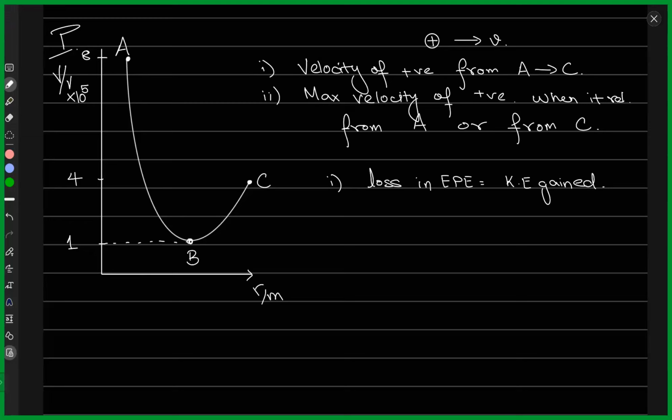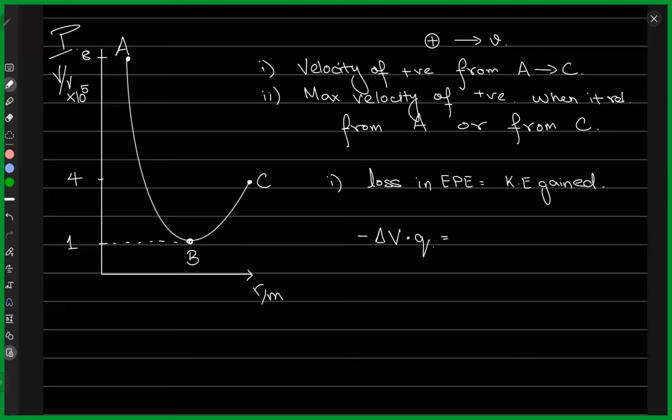It's very simple, because if you remember, electrical potential energy is V times Q. If I want the loss in this electrical potential energy, then that's minus the change in the potential V times the value of the charge for which I want to compute the energy, this positive charge Q. And this is equal to the gain in the kinetic energy.